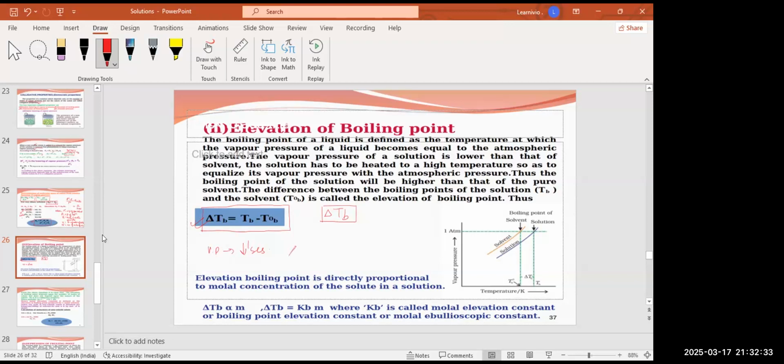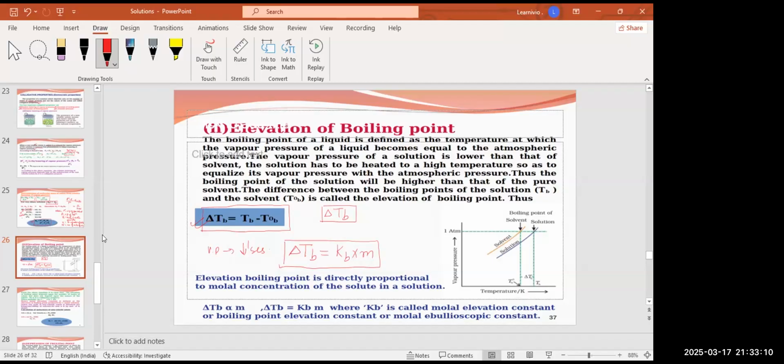And also delta TB equals KB into m. This formula is also very important, right? So you can find the elevation in boiling point using this formula also. What is KB here? You have done your 12th class, right? What is KB here?